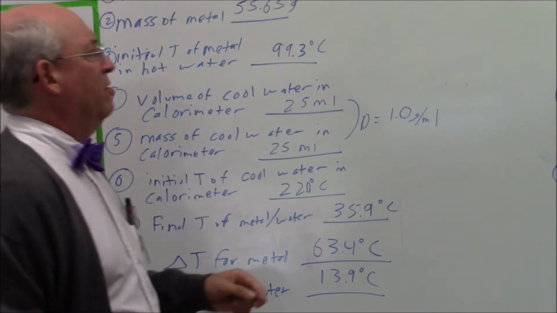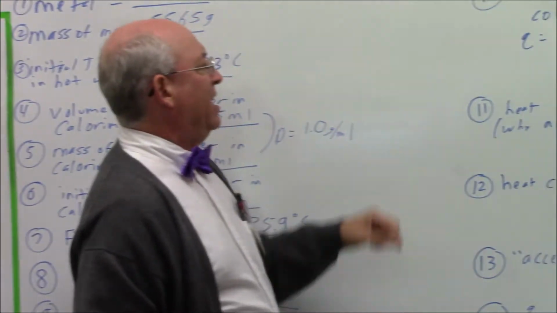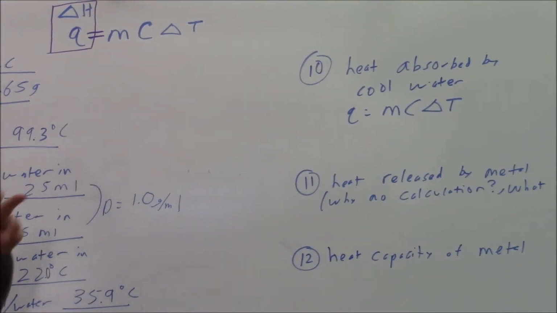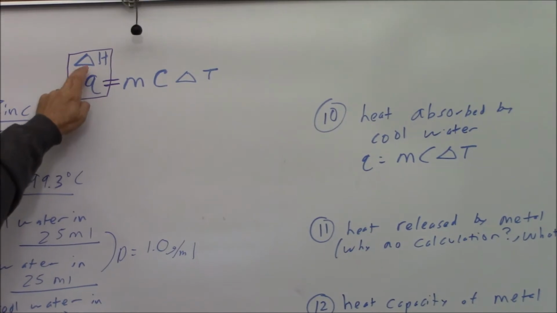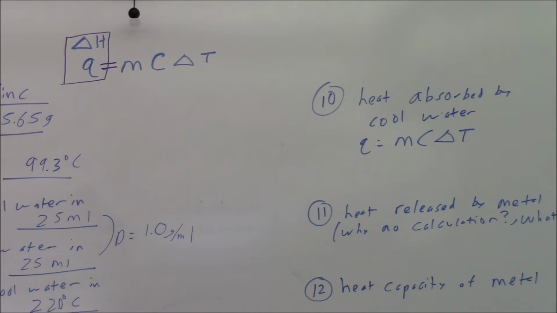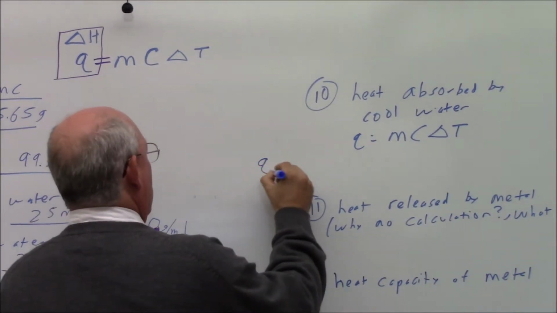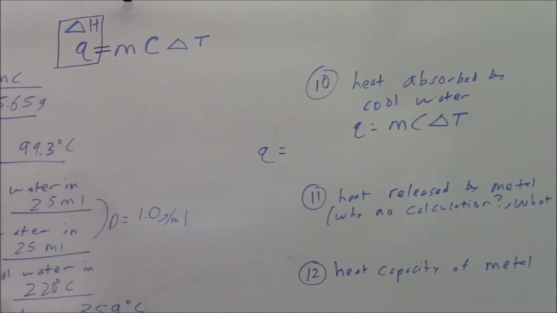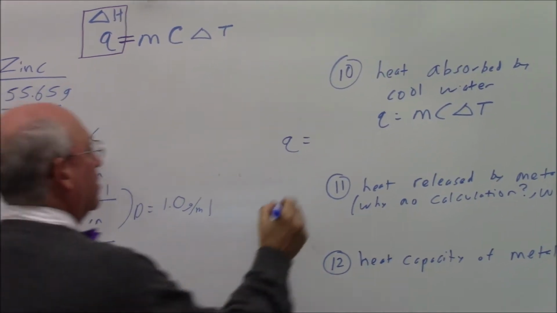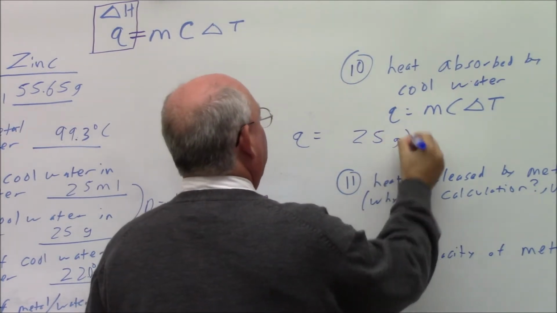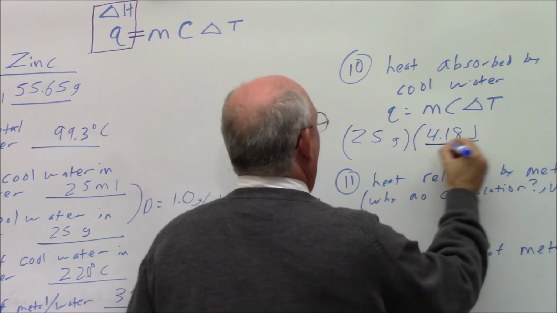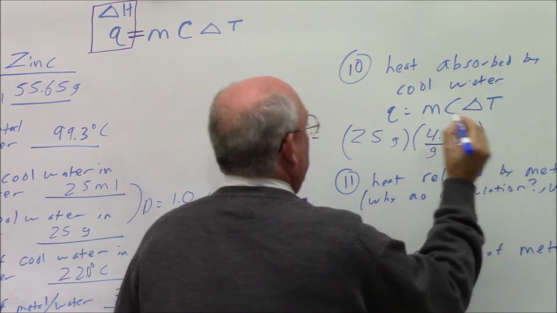Now, in step 10, we're going to calculate the amount of heat that the water absorbed. You might have seen this with either Q or delta H, and some teachers use one over the other. They're both fine. So Q equals the mass of the water, which is 25 grams, times the heat capacity of water, which is given to us, 4.18 joules per gram degree.